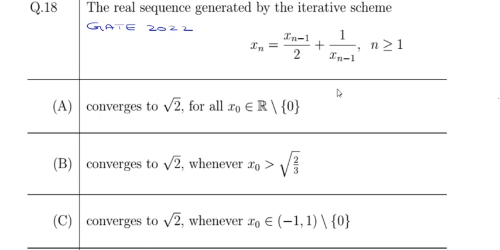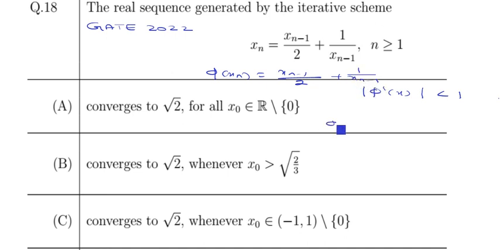Suppose this sequence converges, then we have the condition modulus of phi dash of x is less than 1. So we will take this as phi of x. So phi of x_n is x_{n minus 1} by 2 plus 1 by x_{n minus 1}.